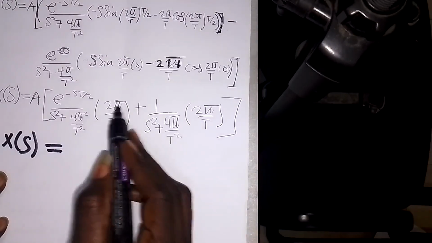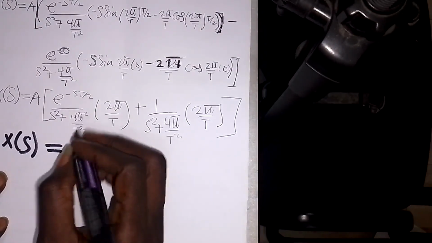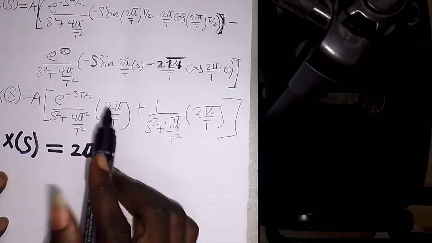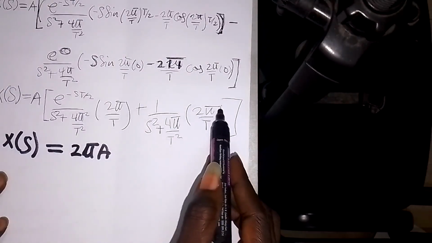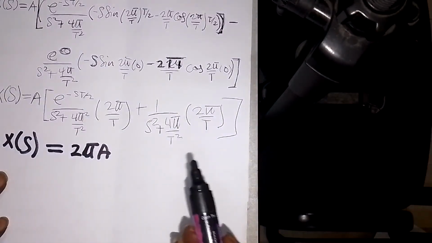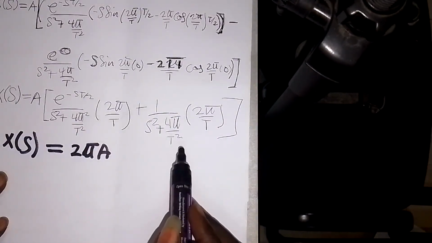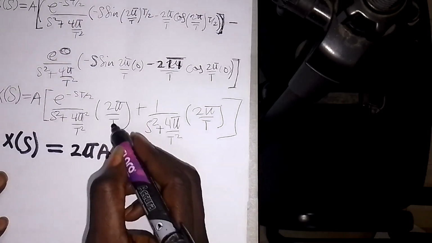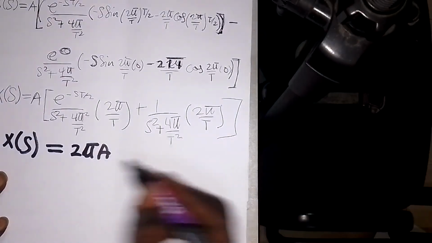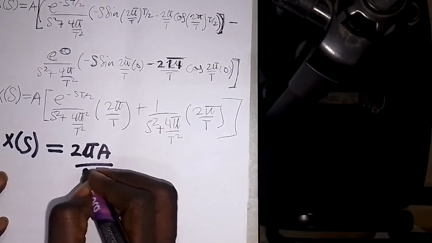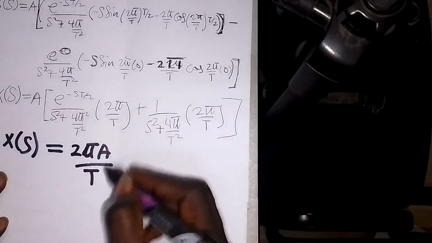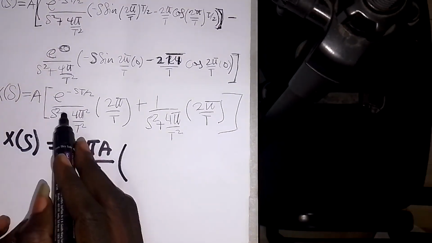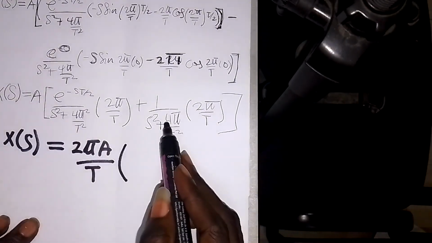So 2 pi is here, 2 pi is here. So I can bring 2 pi a out, and then 2 pi on t will come out, and a is already here. So this is what I can bring out. Now if I bring that out, I'll be left with this one and this one.